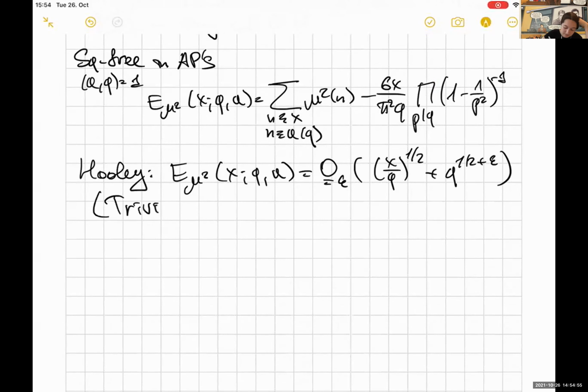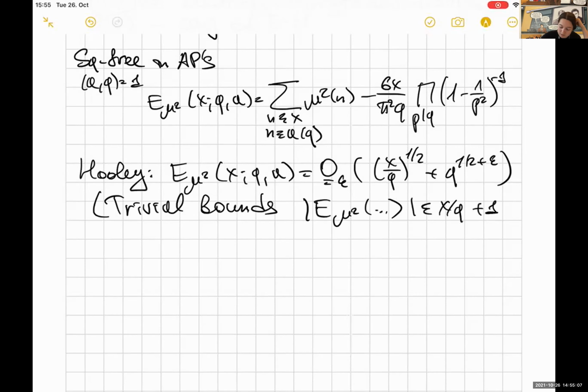Note that the trivial bound would give you E mu squared of the same thing bounded above by x over q plus 1. So this is the individual case, which is usually not the best we can hope for.